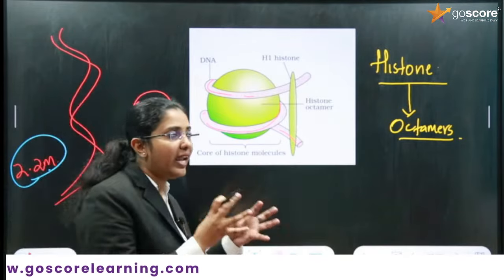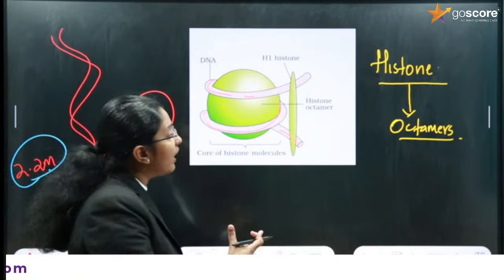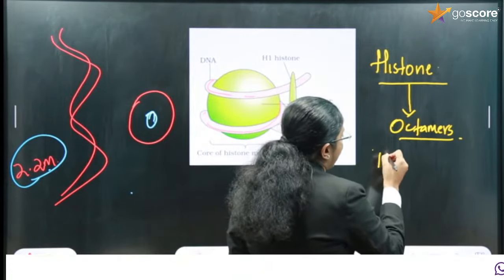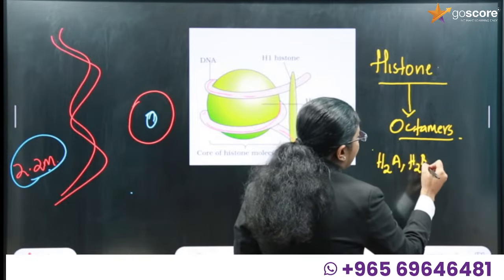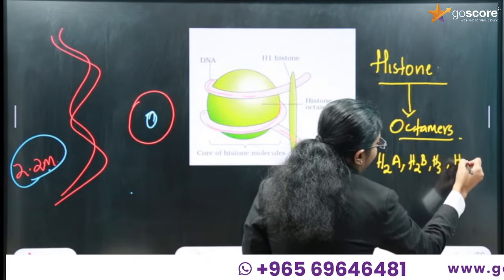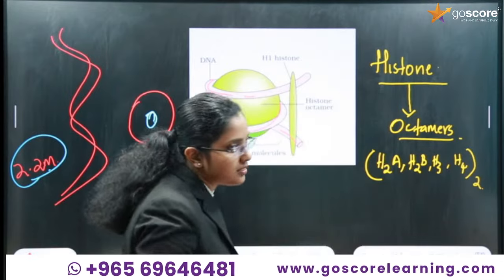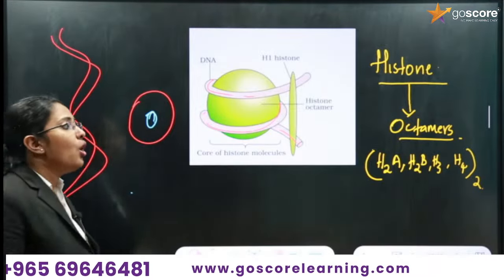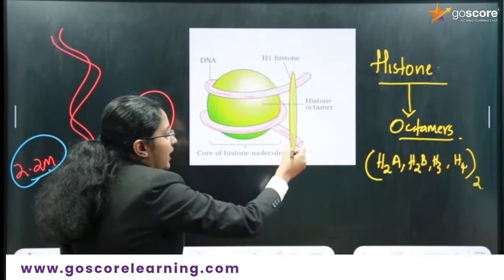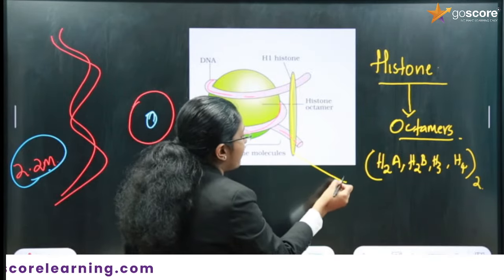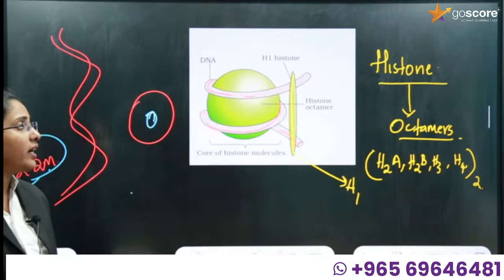Octamers means they have 8 subunits, 4 each. They contain H2A, H2B, H3 and H4, and these units will be present twice. We call it an octamer. These octamers are connected with a linker protein, and this linker protein is known as H1 histone.